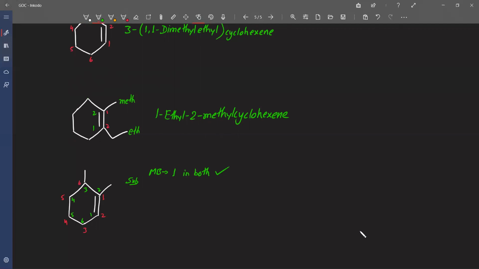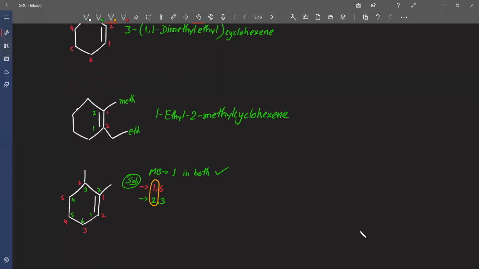Now coming to the substituents. If I take the red one, it is 1 and 6, and if I take the green one, it is 2 and 3. So which one is correct? Least number. 2 and 3 is lesser than 1 and 6? See, here itself you can break the tie, in the first spot itself, 1 and 2.